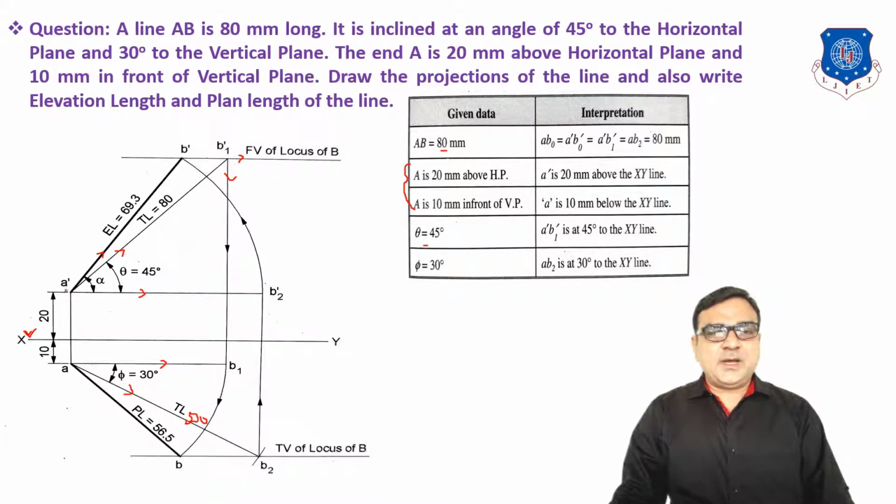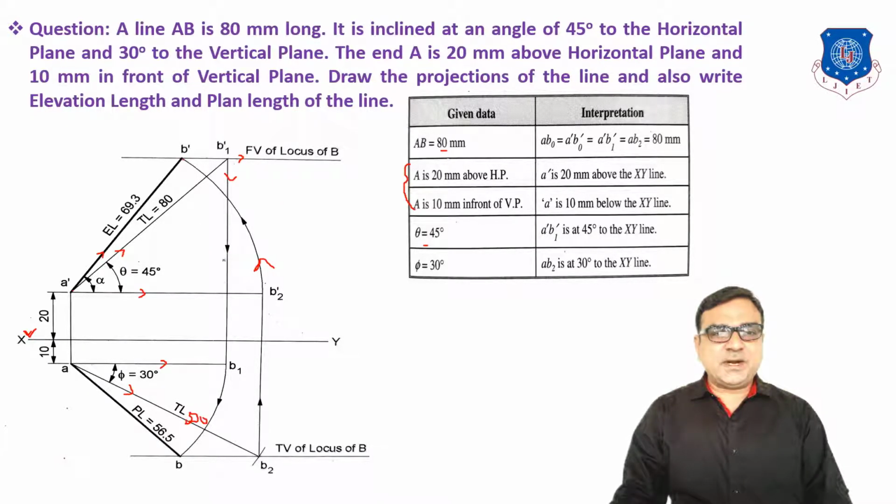Now, with the compass, taking A dash as center and A dash B2 dash as radius, draw an arc up to the intersection with the horizontal locus of B. The intersection of this line and arc is B dash. So join A dash B dash, which is the elevation or front view.